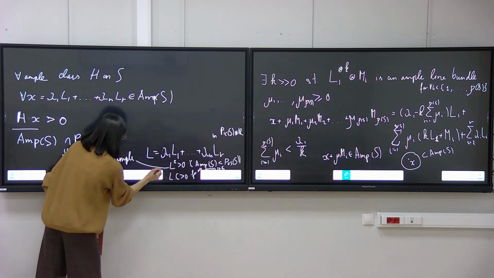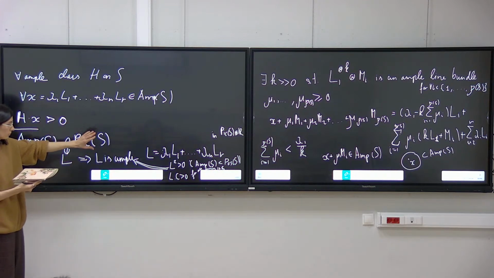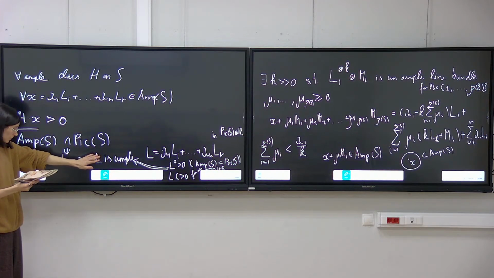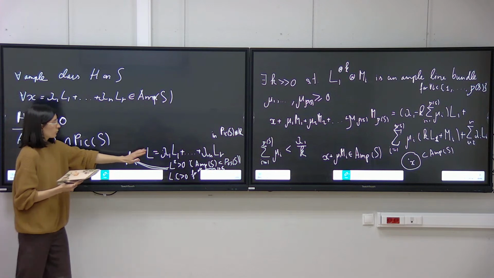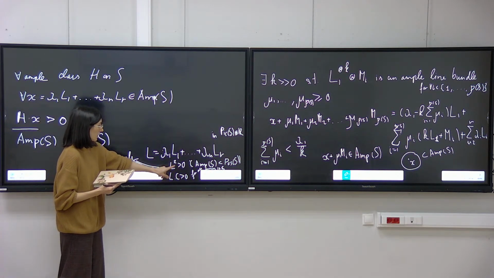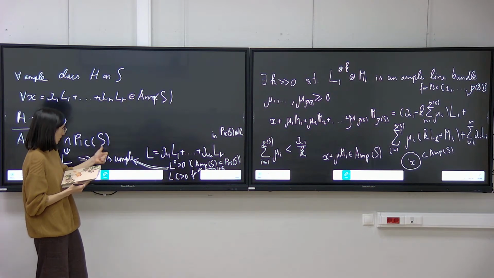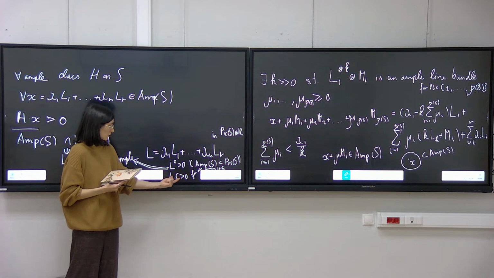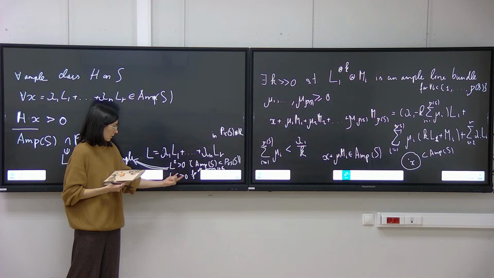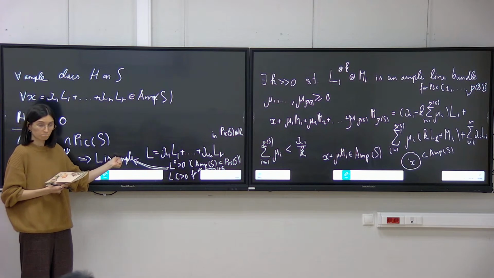There is a statement that I will just formulate, I will not even write it down: if we have a class with positive self-intersection in the Picard group, such that its intersection with all curves is positive, then this class is ample.